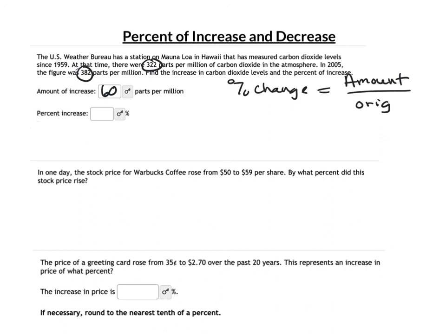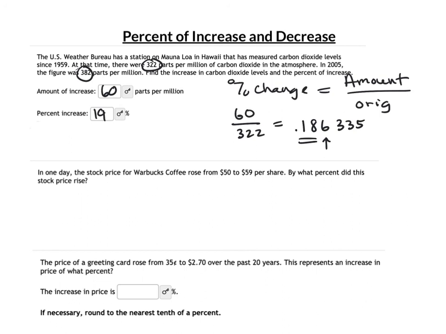So we'll take that 60 and we'll divide it by the original, which was 322. 60 divided by 322 ends up being, we have to round here. It would have been nice if they told us what to round to, but I got 0.1863335 and so on. I would probably round to the nearest percent, so that would be 19%. The 6 tells us to go up.